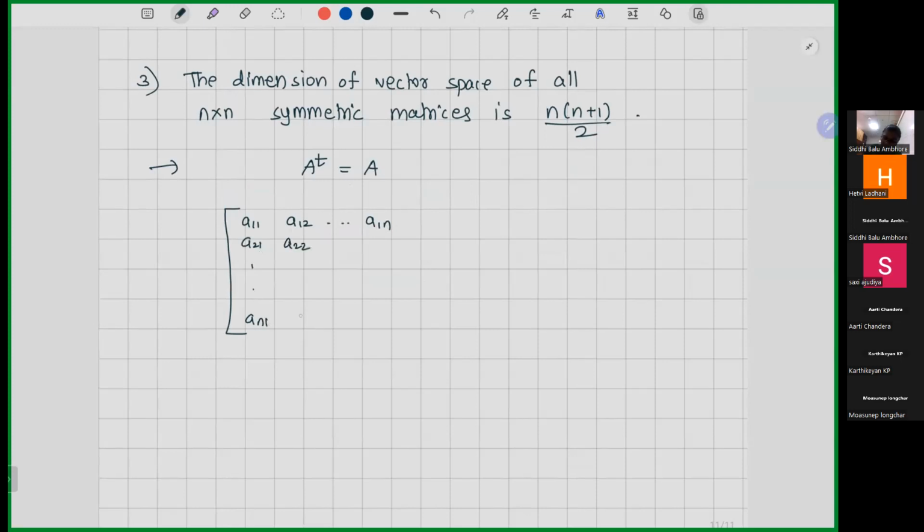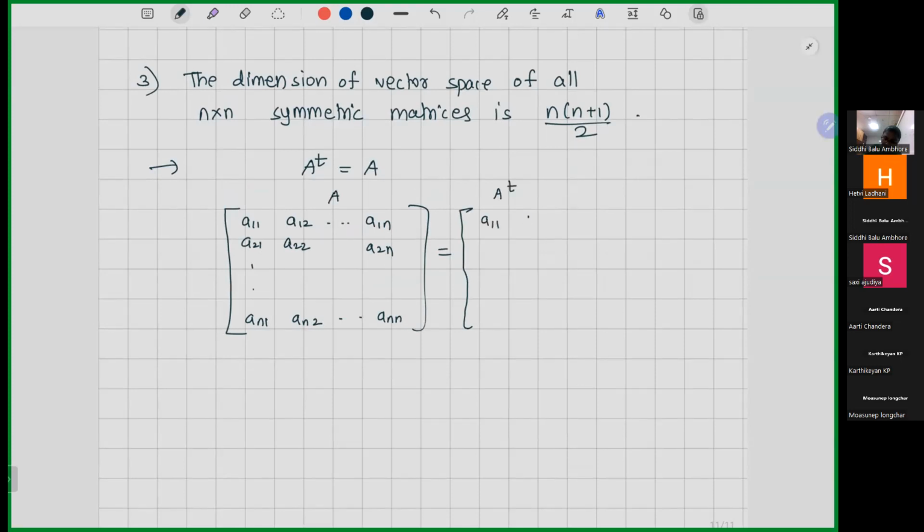Please guess something, whether it's true or false. And now I want this to be equal. And what condition do we have? That A transpose is equal to A. Now if we take the transpose, suppose this is A and A is equal to A transpose, that's what we have.